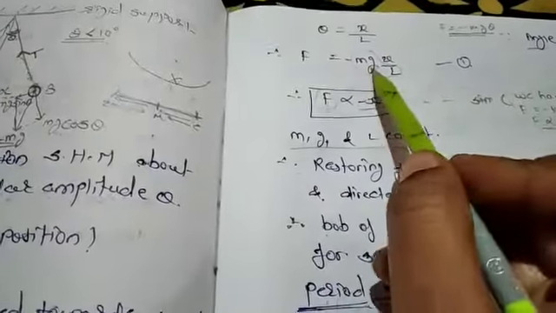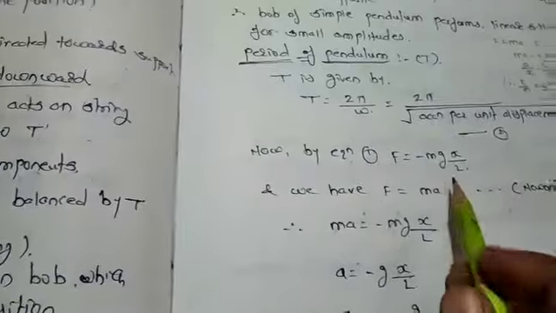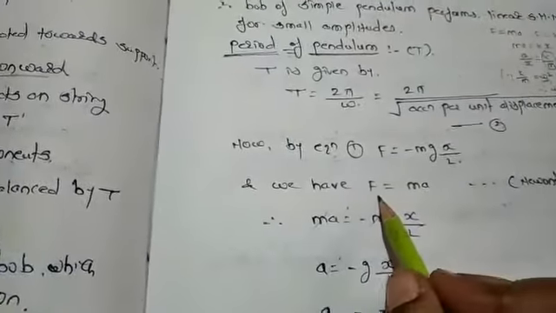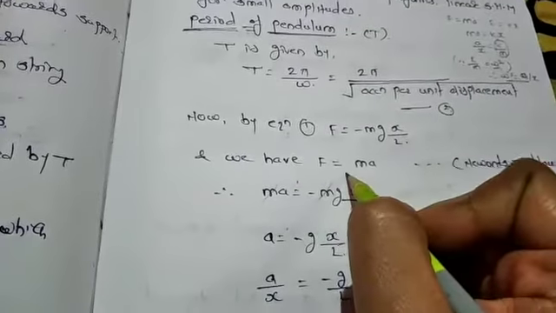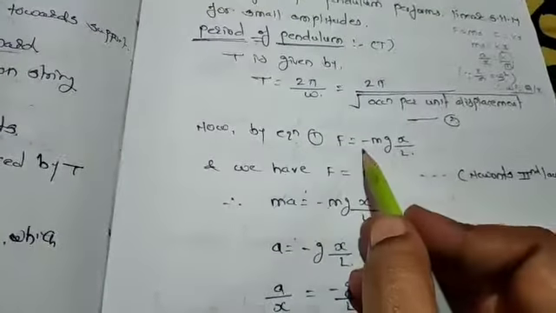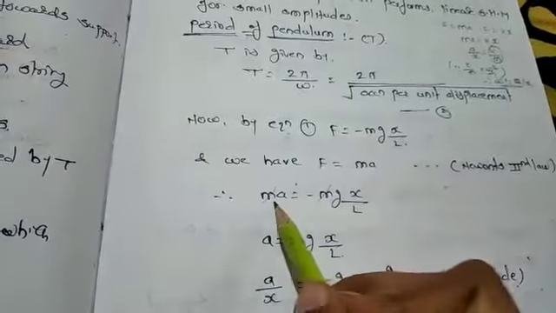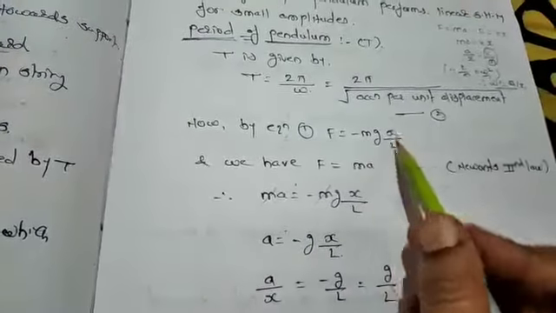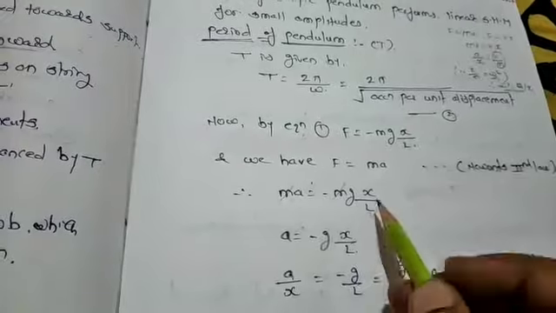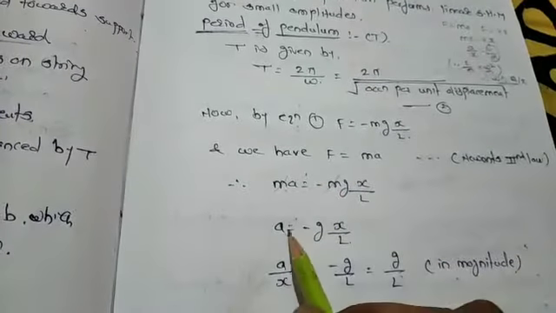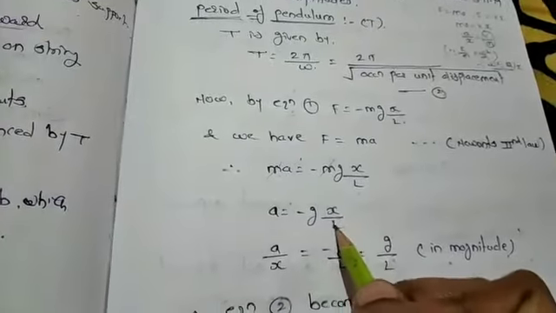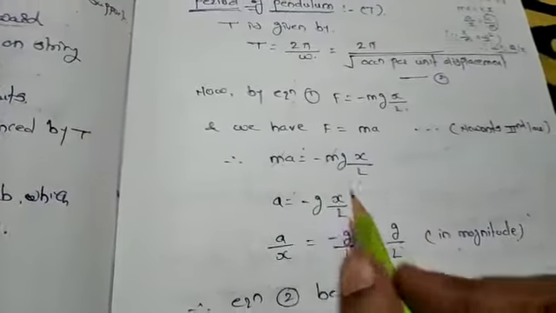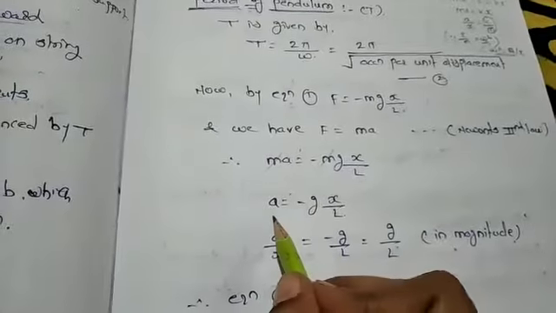F is equal to minus mg x by L. I have written this equation here again, and we have the formula F is equal to ma by Newton's law. So comparing these two equations, we can write ma is equal to minus mg into x upon L. So m will cancel, and we have a is equal to minus g into x by L. That is again acceleration per unit displacement.